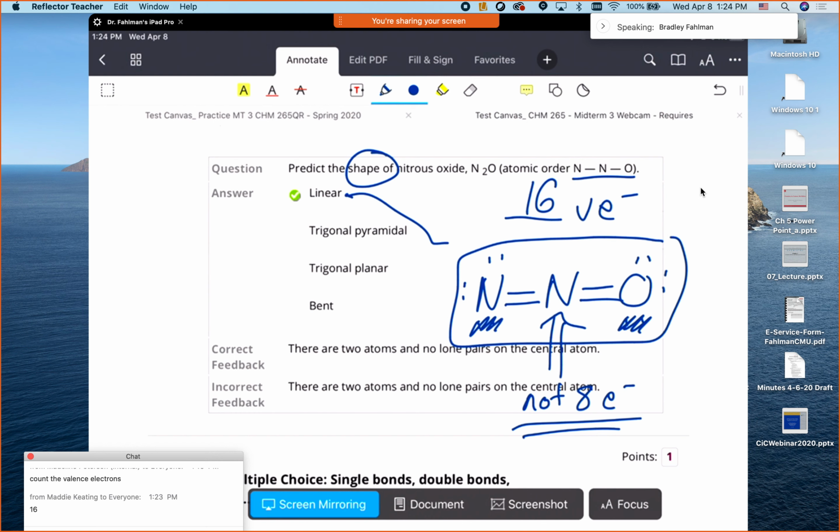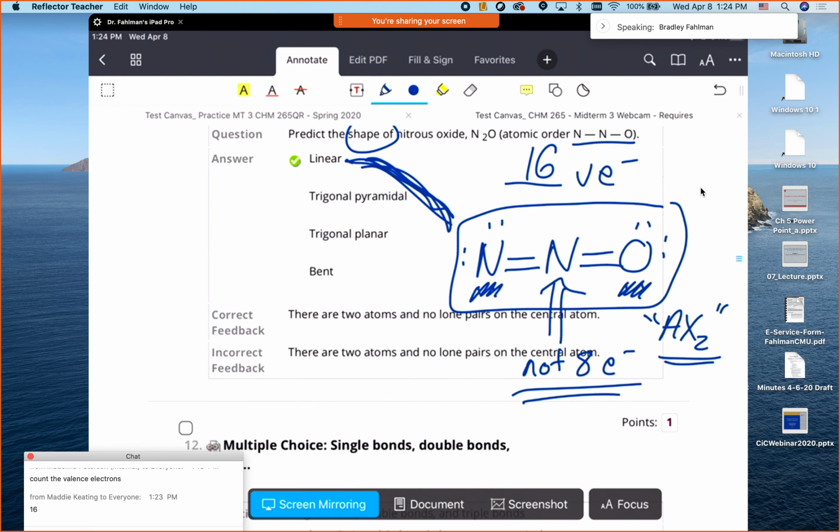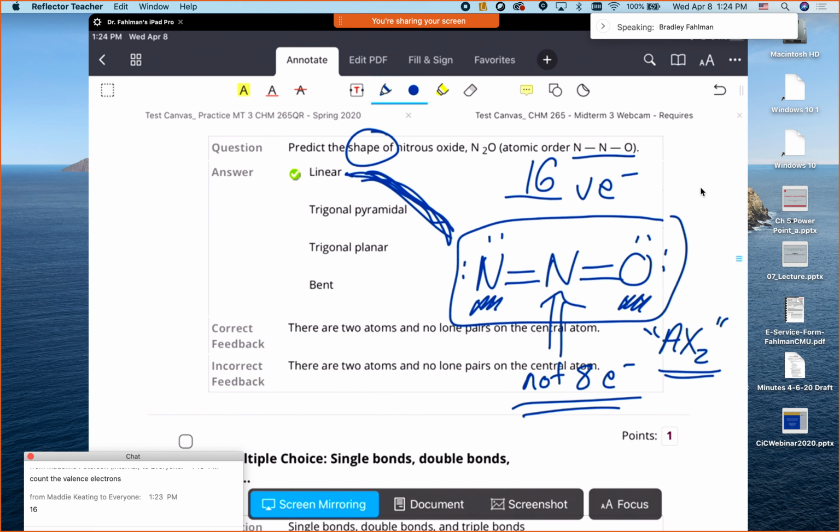And so this is a better Lewis structure, but it gives you the same shape, right? In both situations, you have 2 atoms bonded to a central atom with no lone pairs. This is your AX2 variety, okay? So I guess that's the beauty of VSEPR determining shapes. You don't have to have the exact best Lewis structure for it, and you'll still get the right shape, okay?